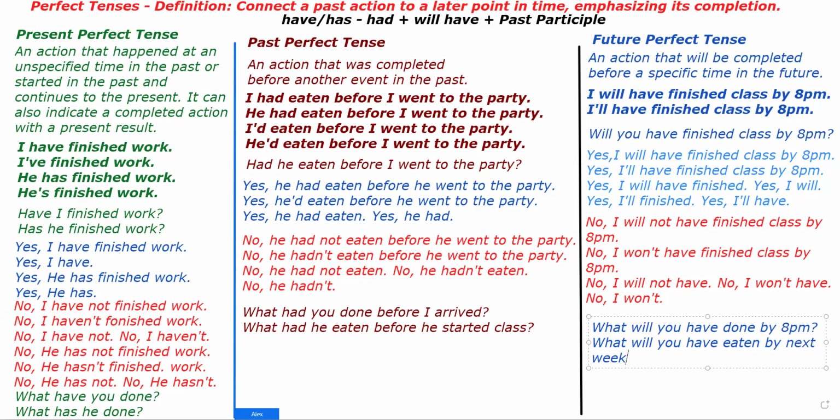I will have eaten my pig by next week. It's going to take you 1 week. Okay. Etc. Etc. Etc.